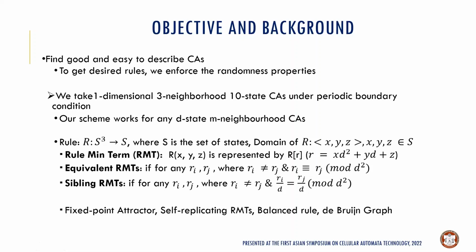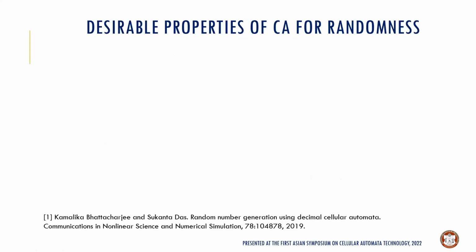A self-replicating RMT here is one for which R of X, Y, Z is Y. A balanced rule means the same number of next state values for each of the states in the rule. And the de Bruijn graph is a well-known mathematical tool to represent any overlapping sequence, and it is well known in the field of CA.